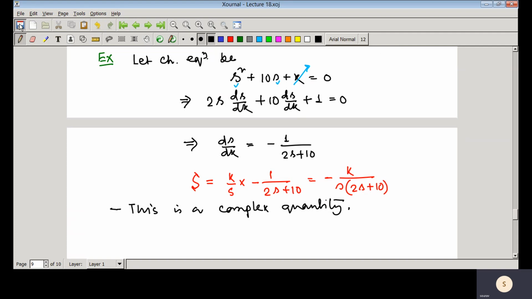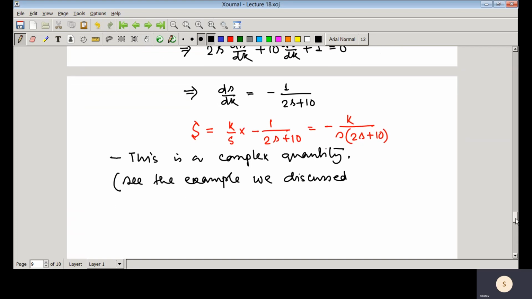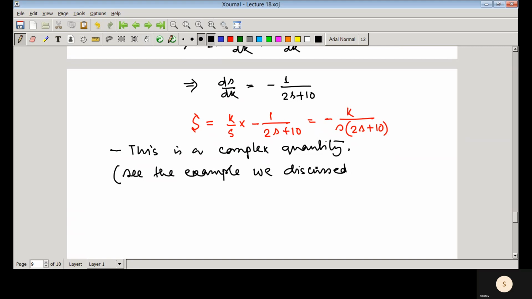So let us take those data. See the example we discussed in the first lecture on root locus.